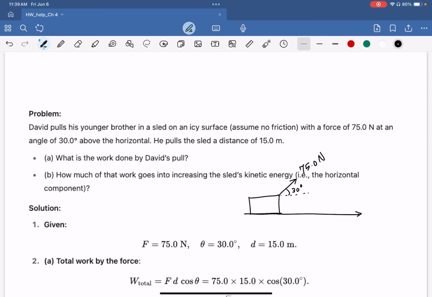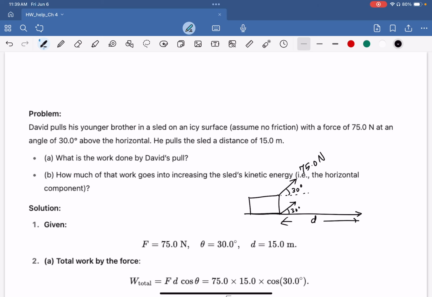So we can see there is an angle between D, which is the distance moved, and the force. That angle is 30 degrees. So I could have drawn the force here. It doesn't make any difference. Draw the force here. The angle is 30. So it doesn't matter where you show the force. The angle between the force and the distance is 30 degrees.